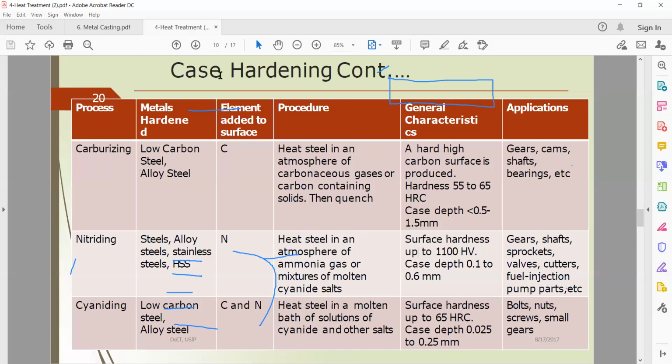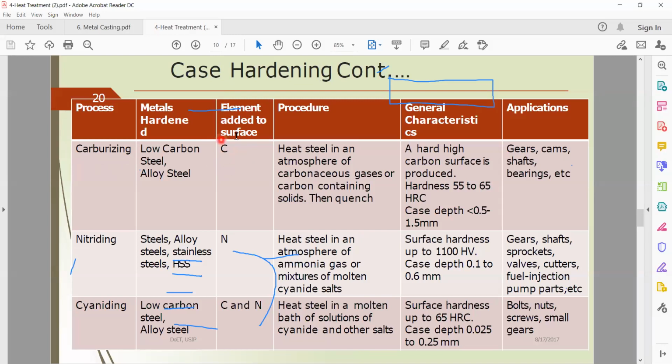See here, the first one, carburizing. So what are you doing in that process? You are adding carbon. Carbon is one element, right?